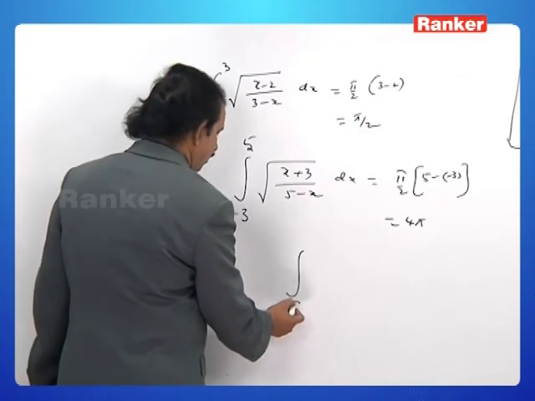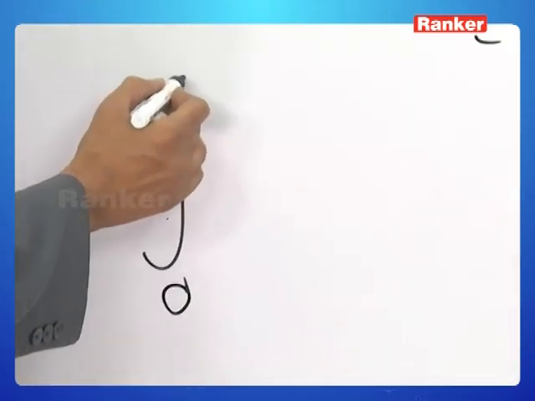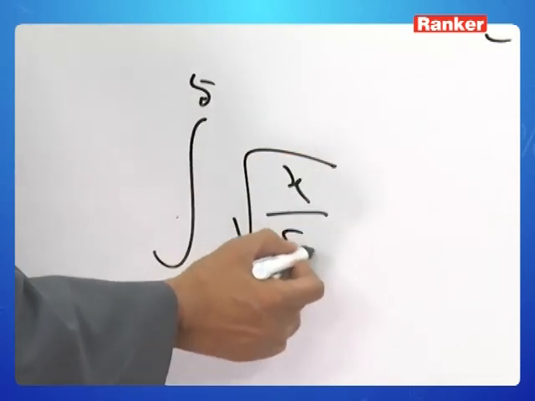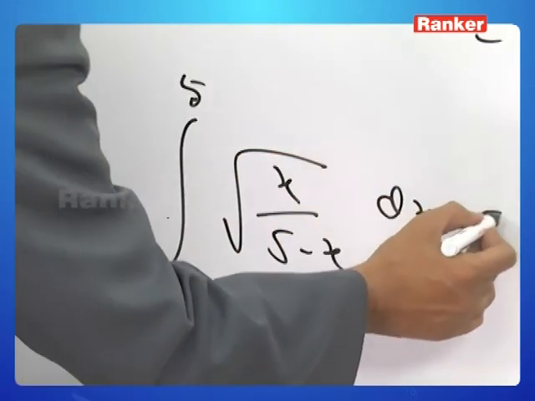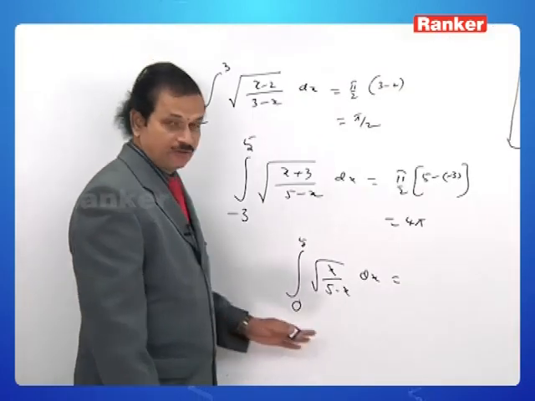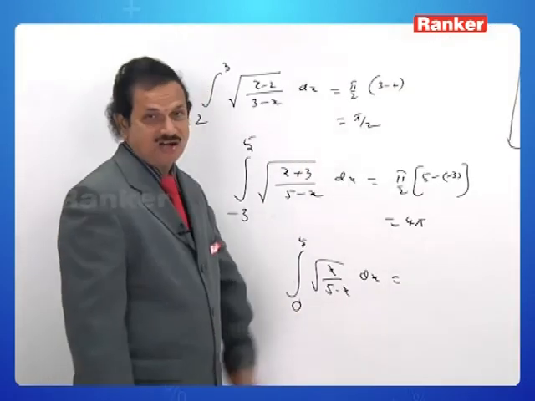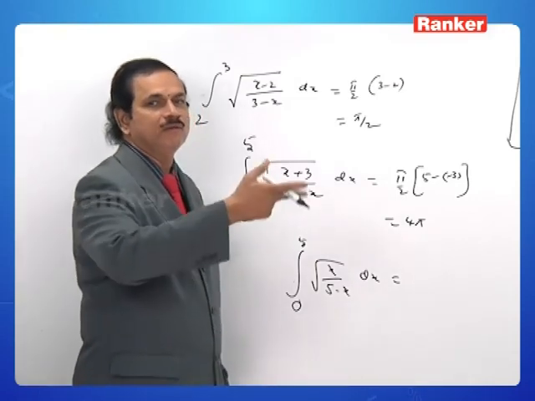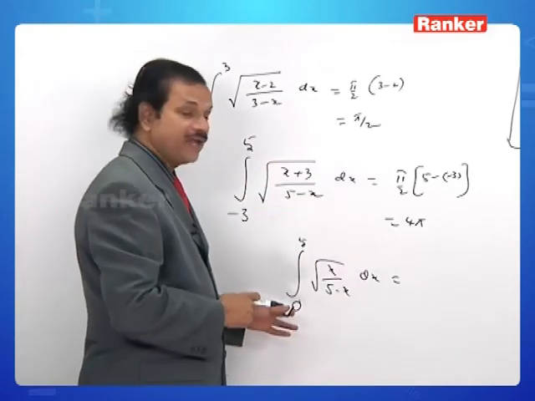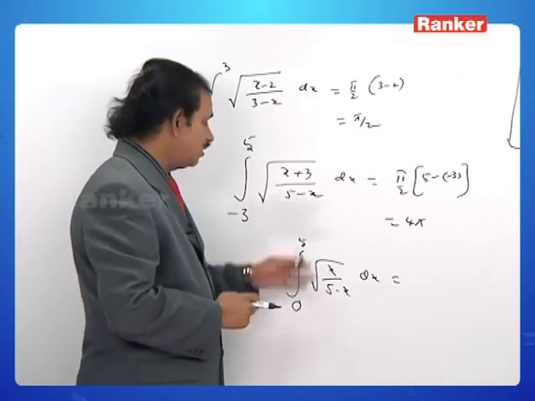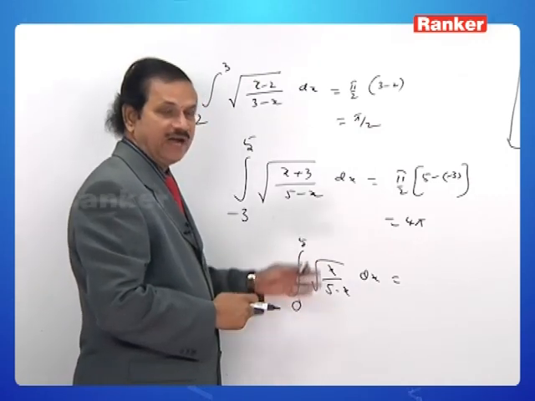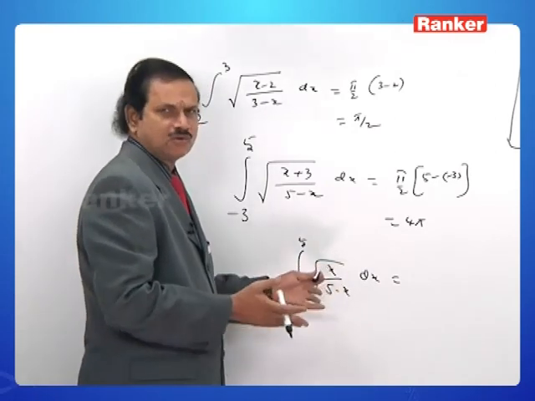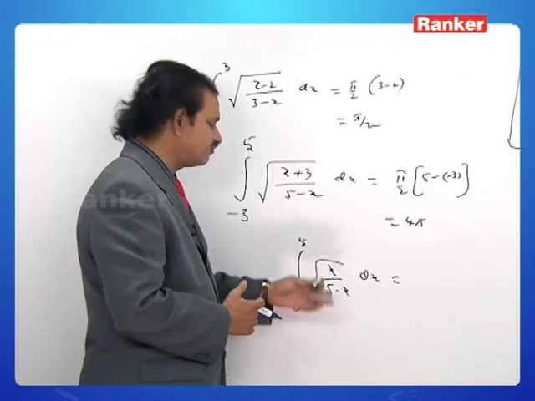And one more: integral 0 to 5 of square root of x by (5 minus x). Tell me, what is the answer for this? Oh, it is 0 to 5. It's not in the standard model, you may have a doubt. No. Observe it carefully. In the place of a, we have 0, and in the place of b, we have 5. X minus a is x minus 0, that is x, of course, and b minus x is 5 minus x.